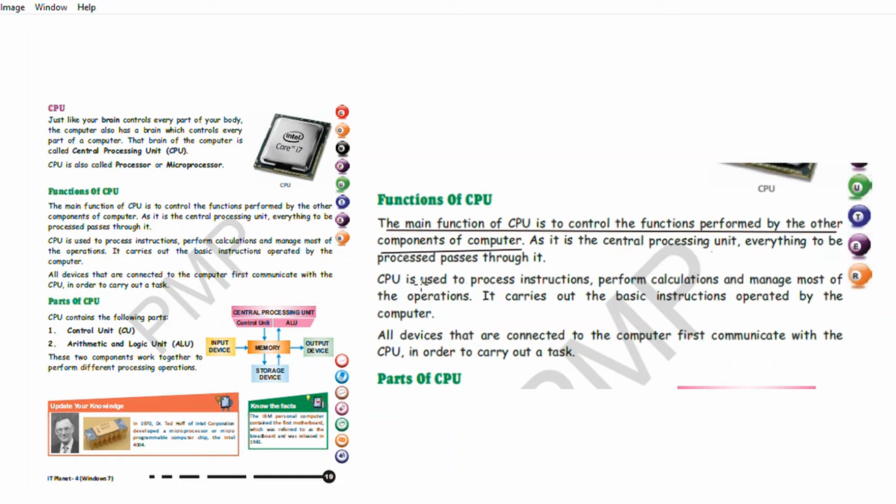And then underline this. CPU is used to process instructions, perform calculations, and manage most of the operations. So this is your answer for question number 4.